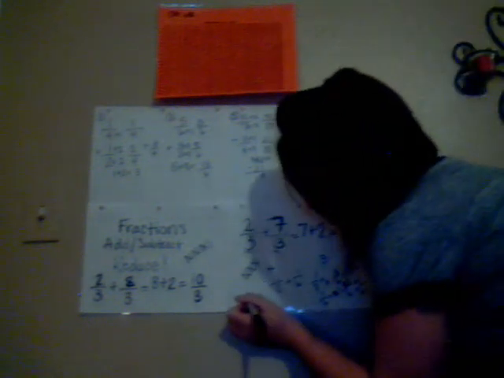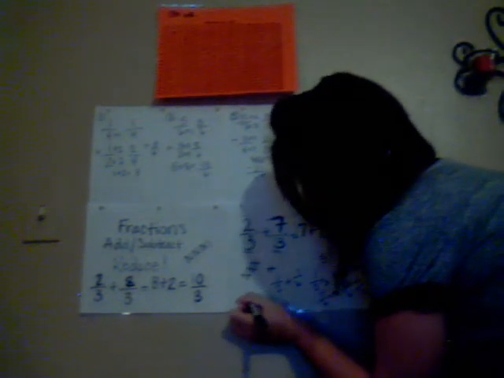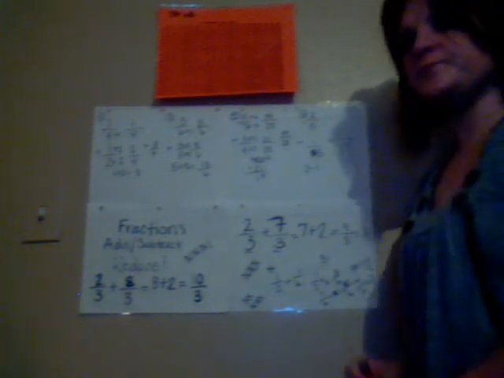So 2 goes into 4 twice. Let's see how many times 2 goes into 6. 1, 2, 3. So if we divide by 2, 2 goes into 4 2 times, and 2 goes into 6 3 times. And we have 2/3. 2 cannot go into 3 equally, so we just leave it alone.